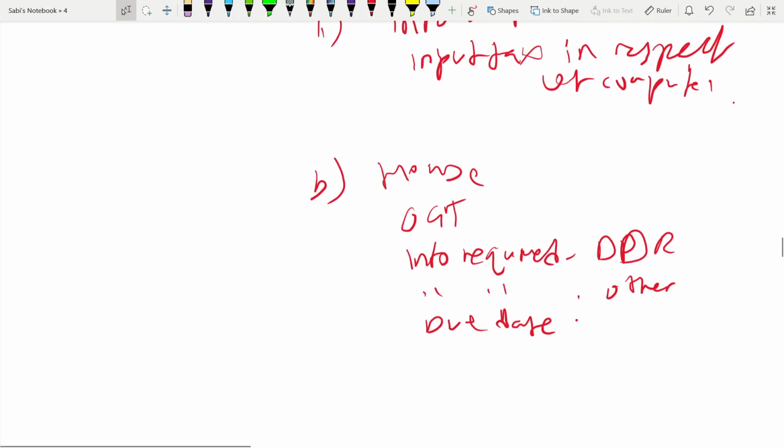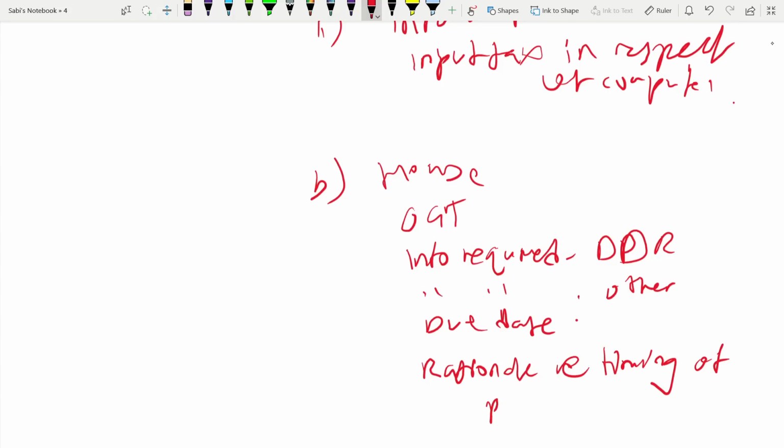Then for stating painting before and shares after, some part of the shares are before and some are after. For giving that reasons, you are going to get marks. So rationale for retiming of painting and shares.